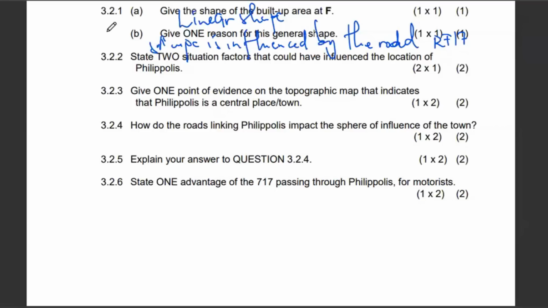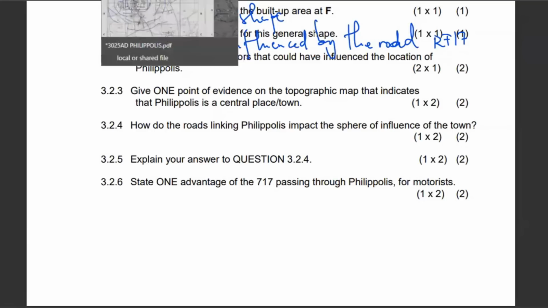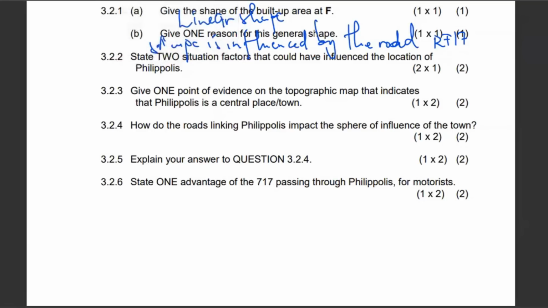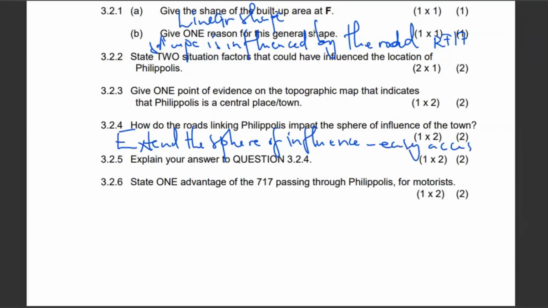So the roads linking Philippolis are ultimately going to extend the sphere of influence. How? Because of ease of access. If a place is easily accessible, people are willing and able to travel from longer distances to access services in that particular central place.